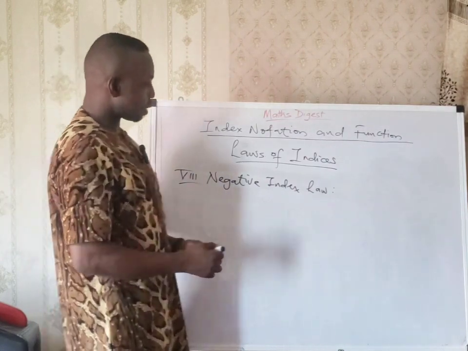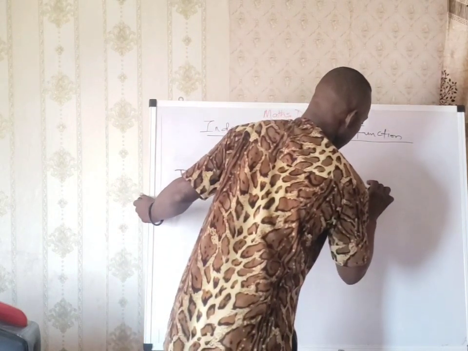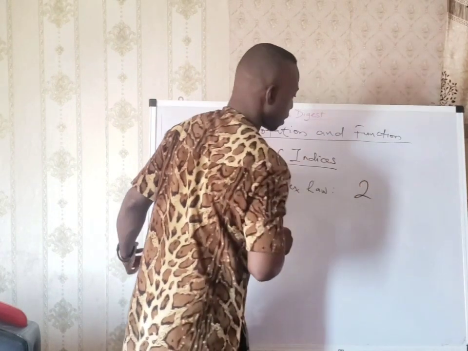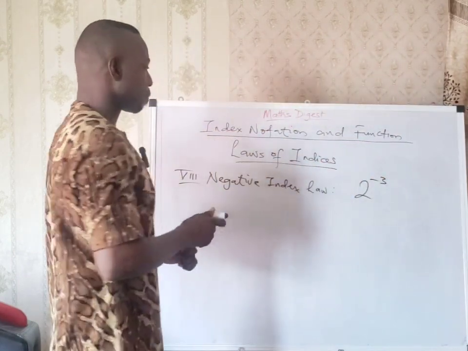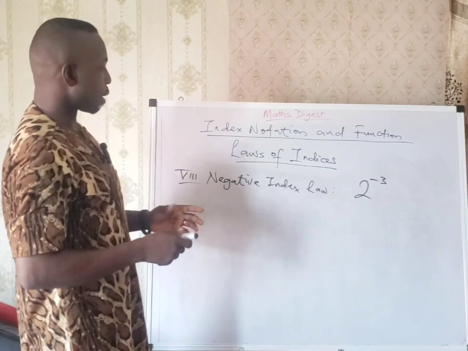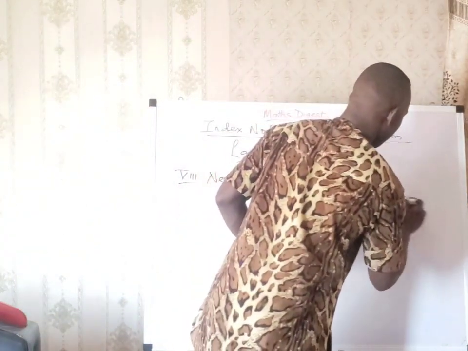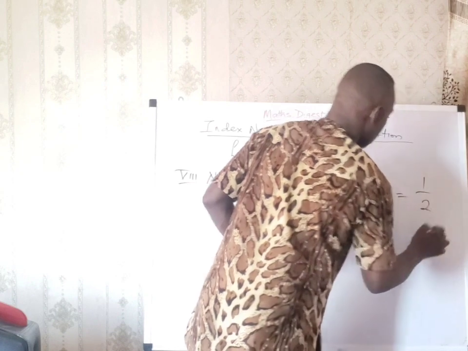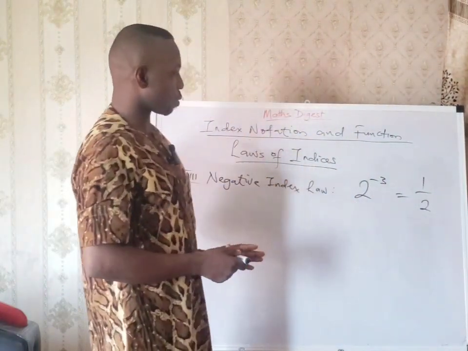Let's take for instance, if you have 2 raised to power minus 3, what this simply will be is 1 over 2 raised to power 3. Remember, this 2 is an integer, a whole number on its own.